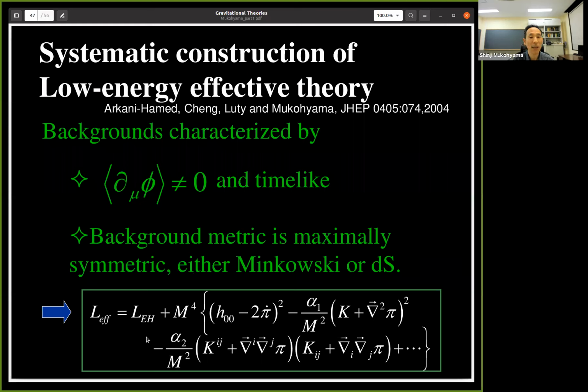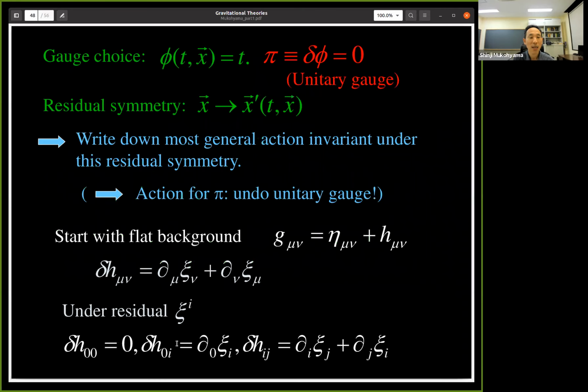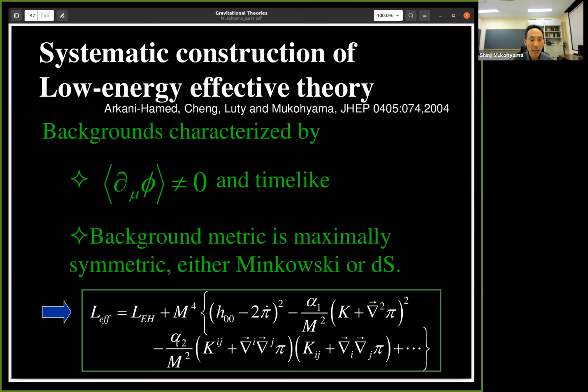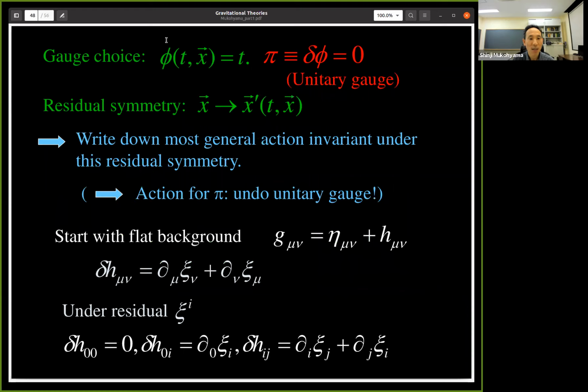I'd like to explain how we can get this action universally. Because of the first assumption, that ∂μφ is non-zero and time-like, we can choose a coordinate, in particular the time coordinate, so that the scalar field agrees with time. Given a configuration φ, we can introduce a new time coordinate by just φ.